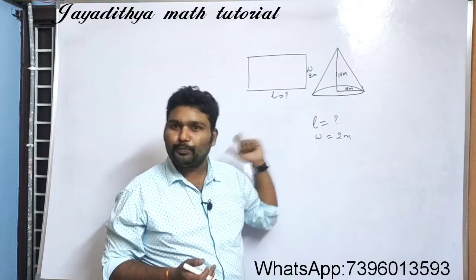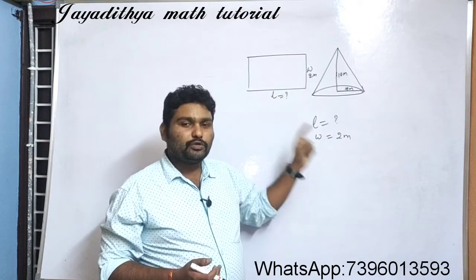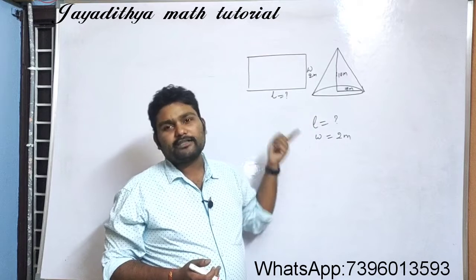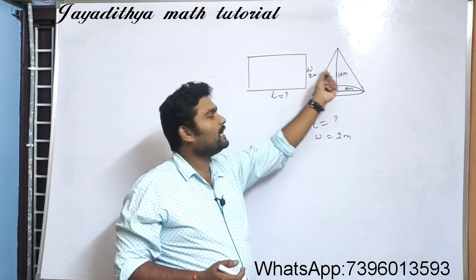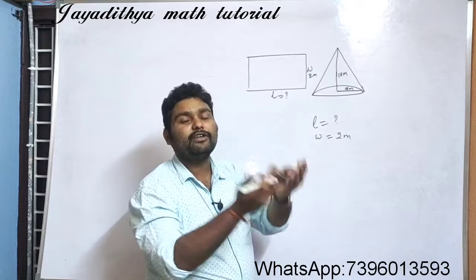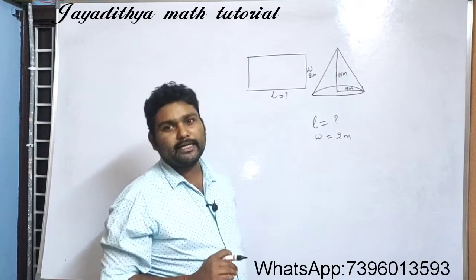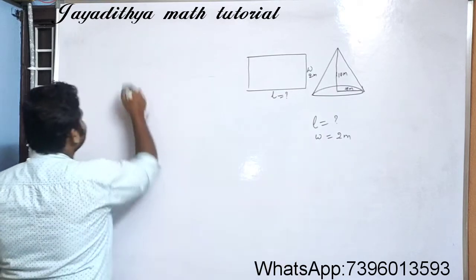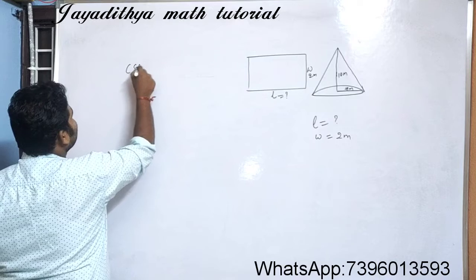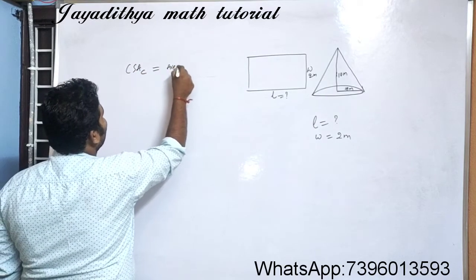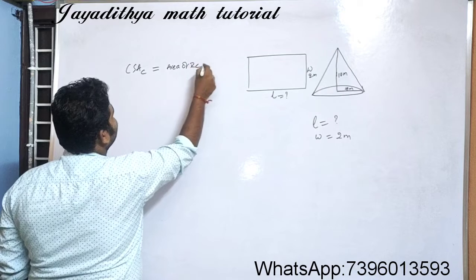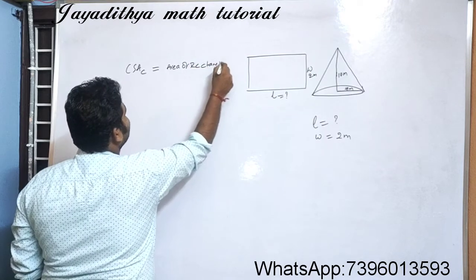That is the important point. The student who can think in that manner can solve the problem easily. The area of the rectangle will be equal to the curved surface area of the cone. This is very important.